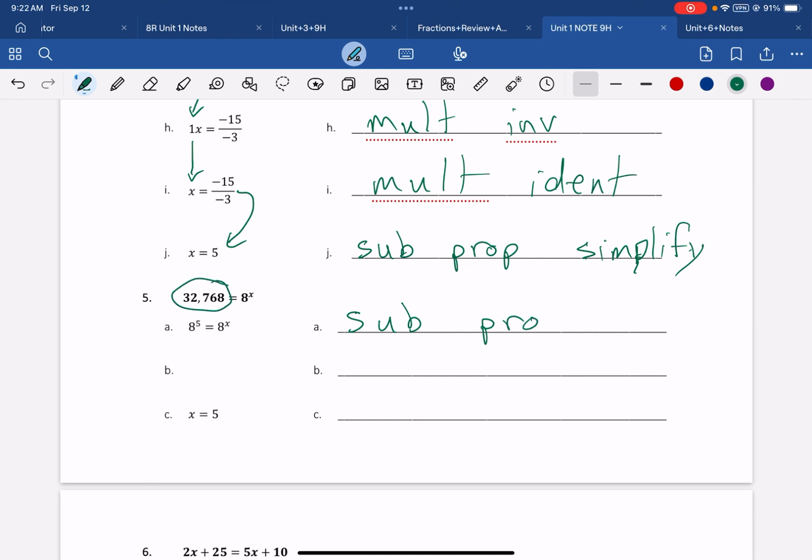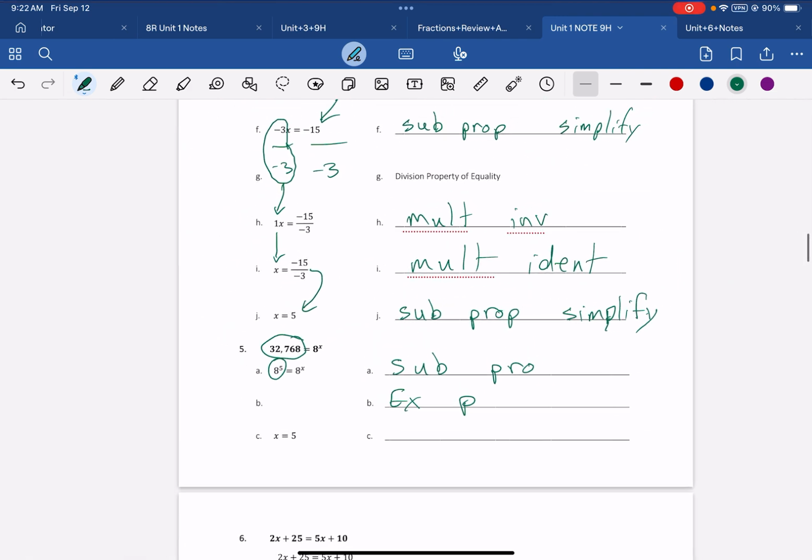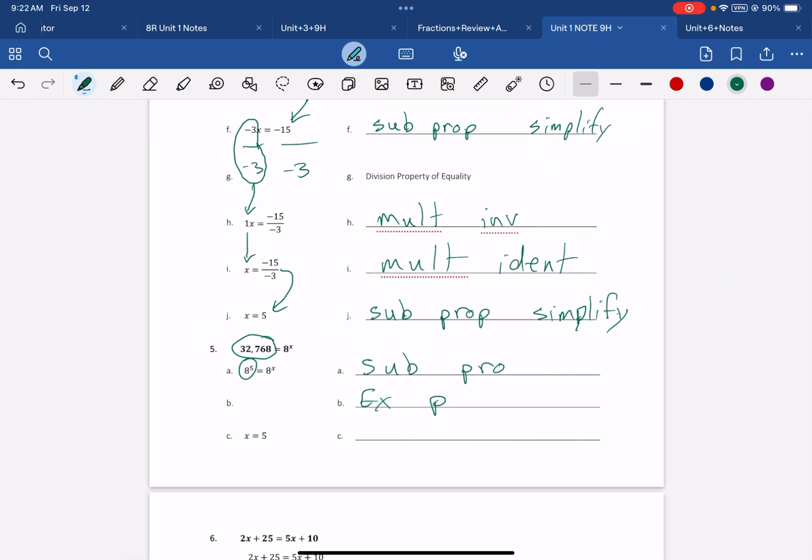Okay, so first off, we're going to do a substitution property, because this equals this, so we substituted. And next, we're going to do the exponential property of equality. Some people write it a different way, but I like to write exponential property of equality. I'm so used to multiplicative property of equality, additive property of equality.